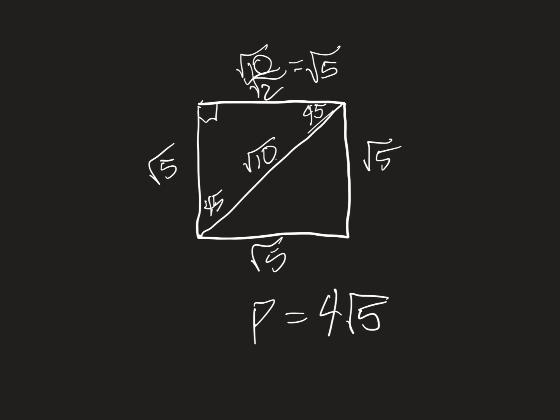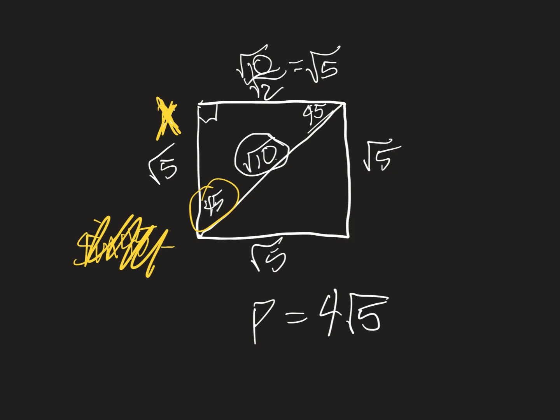And you can use 30, 60, 90s to do this or whatever else. But this is kind of an approach to the problem. If you're stuck and you can't use the 45, 45, 90 theorem from geometry, you could just say, oh, I want to find the leg, so I'll call it x, and I can go, oh, the sine of 45 degrees, this one, is adjacent over hypotenuse, or, excuse me, not the sine.